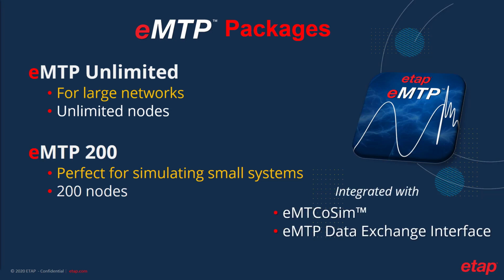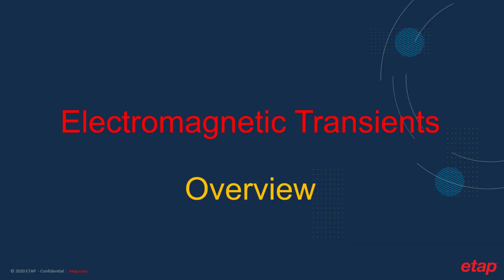This package is ideal for CoSimulation analysis, and both packages are integrated with ETAP eMTCoSim mode and the functionality for data exchange with ETAP and EMT application. Note that the ETAP bus level is independent from the EMT nodes. Now, let's get a more in-depth insight on EMT analysis and the ETAP EMT applications.